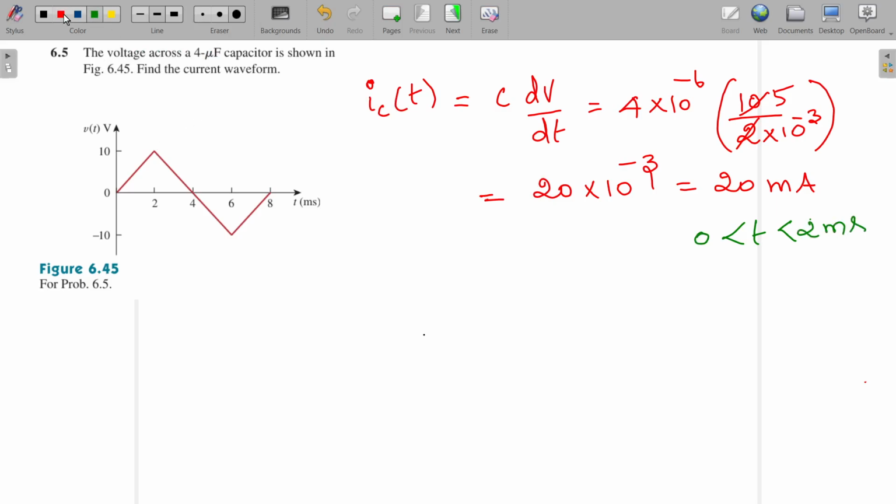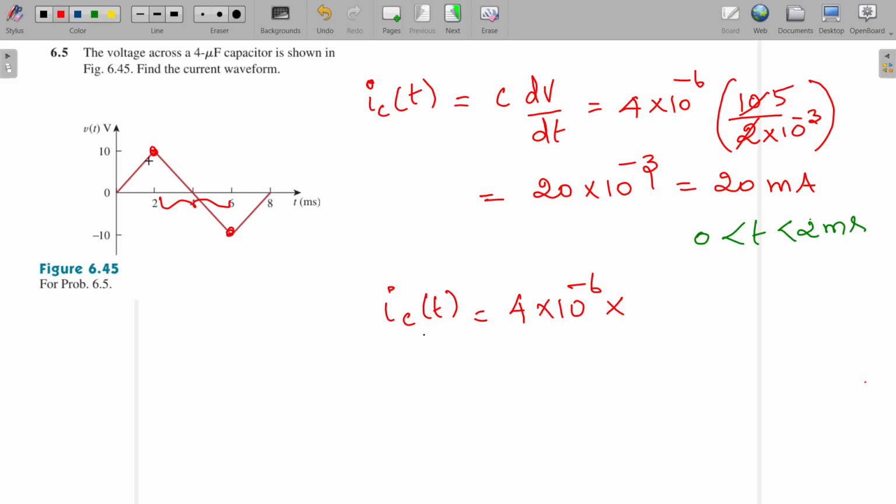Now we move on to the next one. That is the segment from 10 to minus 10 along the y-axis, that is voltage, and 2 to 6 milliseconds along the x-axis. i_C(t) is equal to C, which is 4 into 10 power minus 6, again using the same formula, multiplied by the voltage change, delta V by delta t.